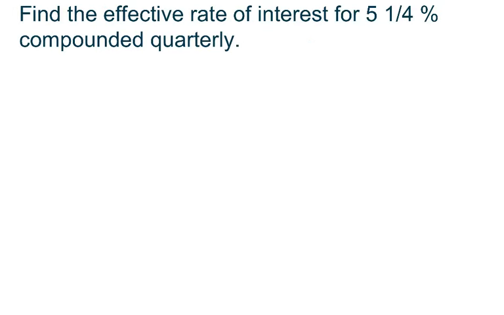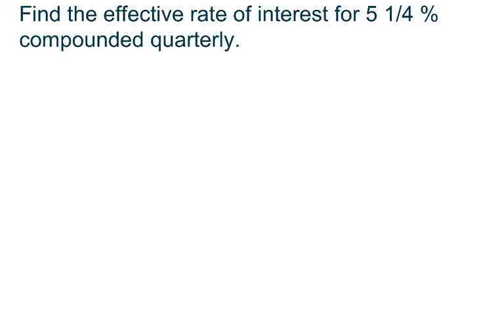We want to find the effective interest rate for 5.25% compounded quarterly. So basically, we're going to start with the principal.